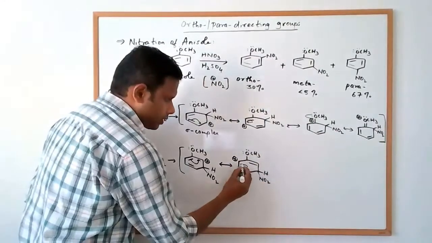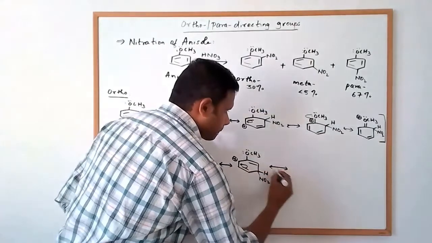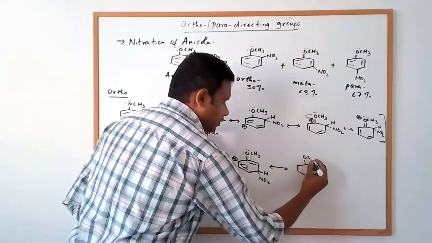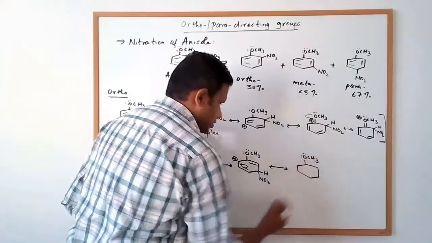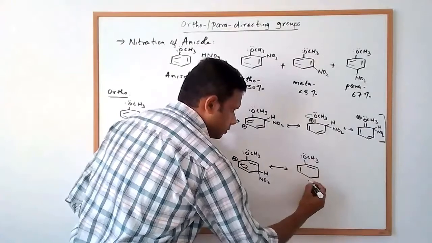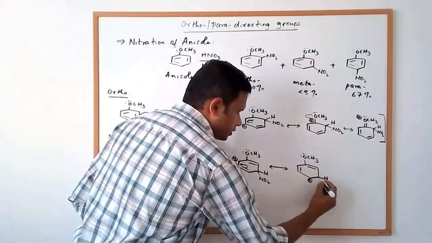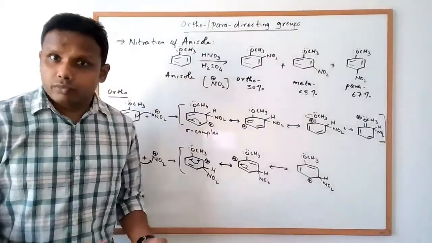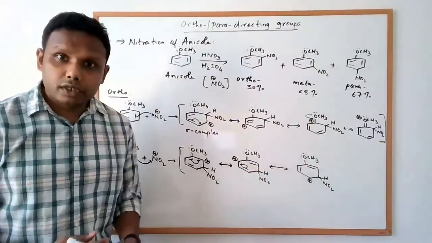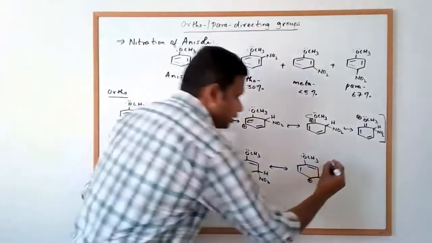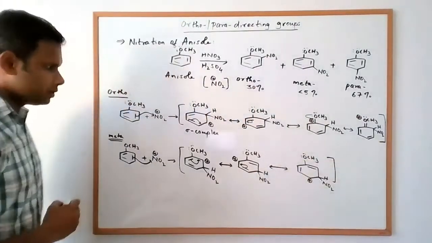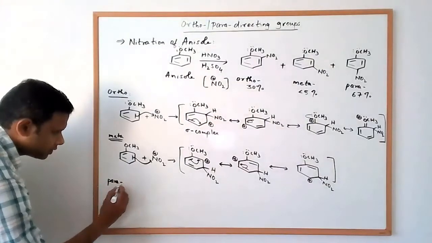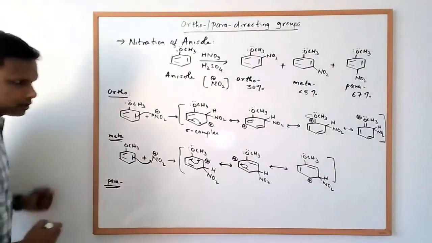And then we move the pi bond over. OCH3, lone pair, double bond, positive charge, H and NO2. And I think those would be all the resonance forms that we can draw for the meta attack. So we have those. And we can do similar resonance forms for the para attack.